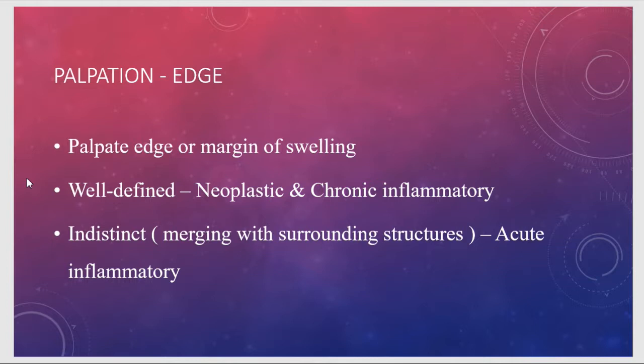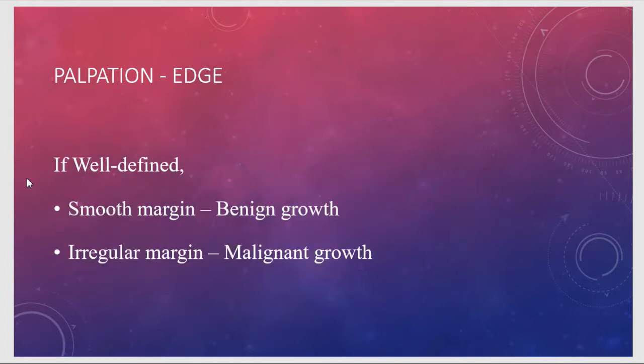Whereas if the margin or edge is indistinct, meaning merging with the surrounding structures and not clearly defined, the patient may have an acute, recent origin inflammatory swelling. Important thing is the edge either well defined or ill defined. Ill defined, acute inflammatory. Well defined, either neoplastic or chronic inflammatory.